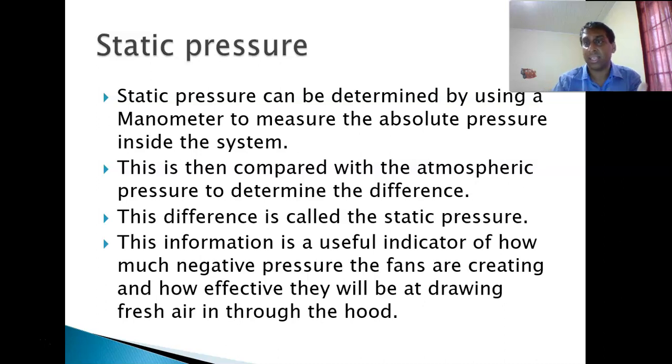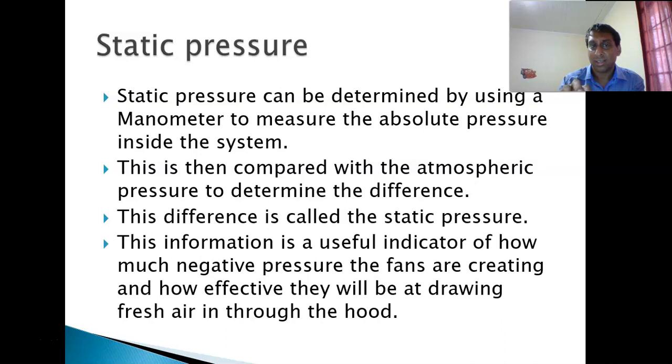So what I'm trying to get at with a bit of calculations is that if you had to measure the static pressure at the hood of an LEV, it must be a minus figure, for it to be a suction or negative pressure.